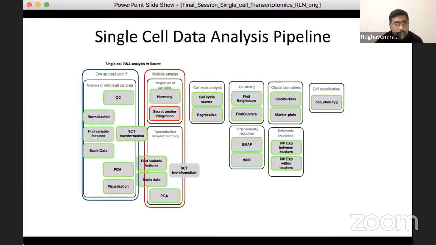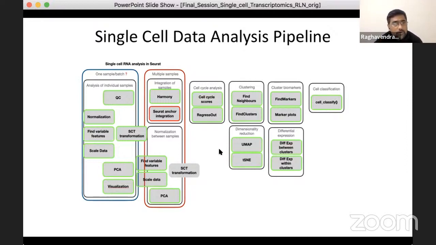Then we perform linear dimensionality reduction methods like PCA, to reduce the number of dimensions that we are going to analyze with.